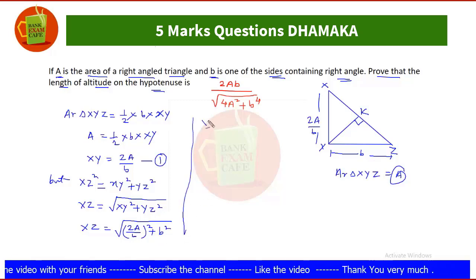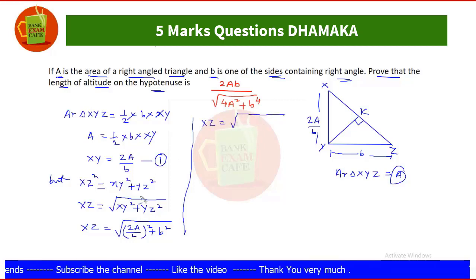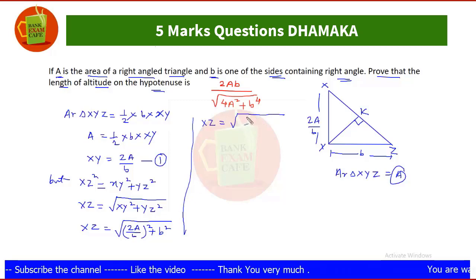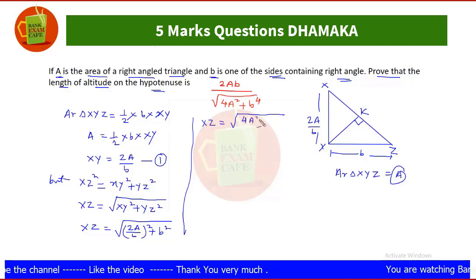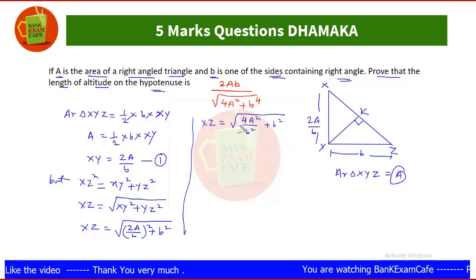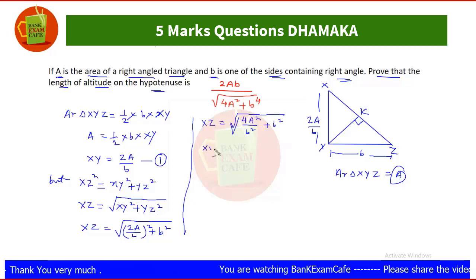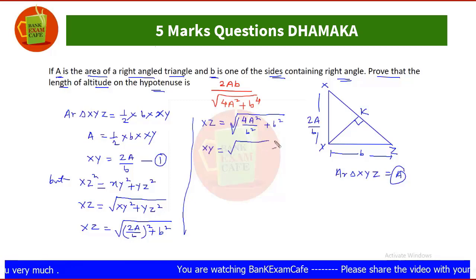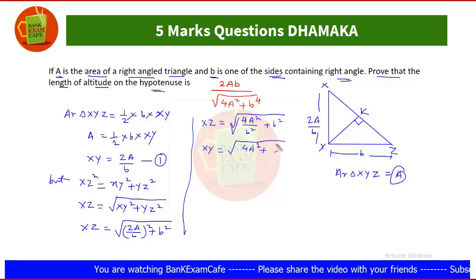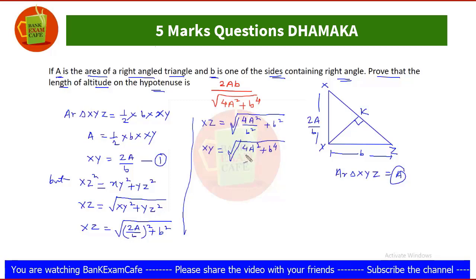So XZ is equal to square root of, take the square of this, so it will be 4a square upon b square plus b square. Taking b square as the LCM, we will get XZ is equal to square root of 4a square plus b square into b square, that is b to the power 4, upon b square.